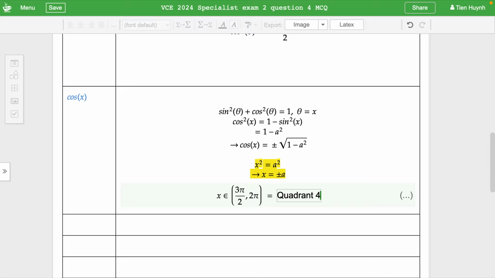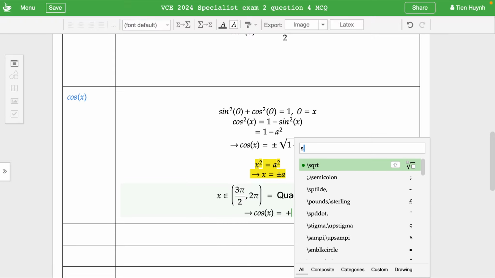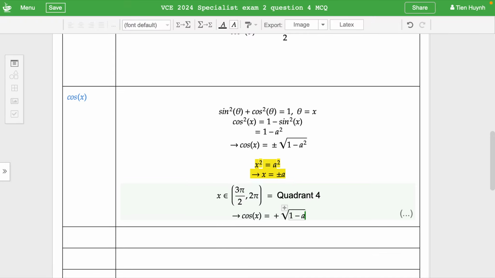Therefore, the value of cosine will be positive, so we select cosine of x to be plus the square root of 1 minus a square. I hope it makes sense.